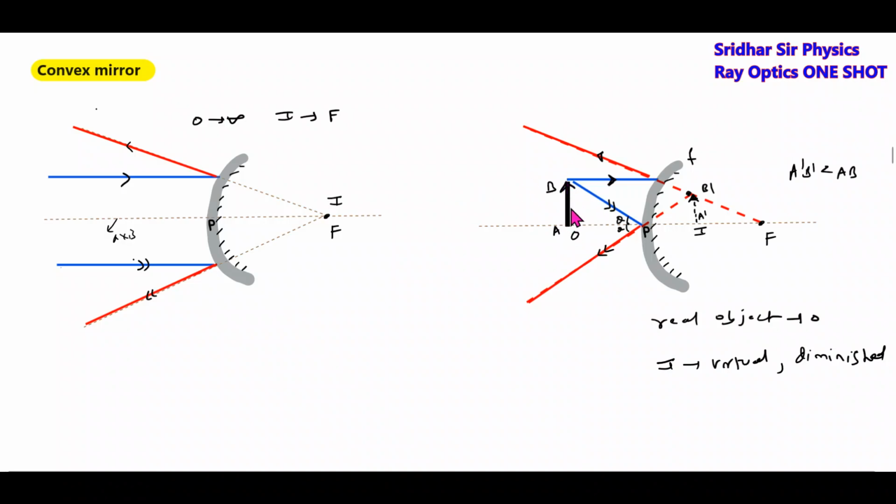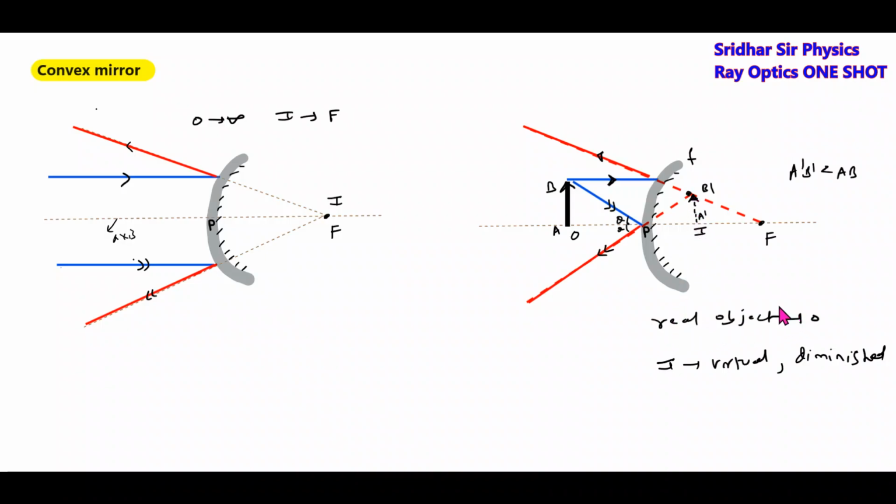If object is at some finite distance from the mirror, a ray incident parallel to the principal axis after reflection will pass through the focus. A ray incident at pole will get reflected symmetrically. Both these rays will diverge from a common point where they intersect. That will be the position of the image. A dash B dash will be the image.